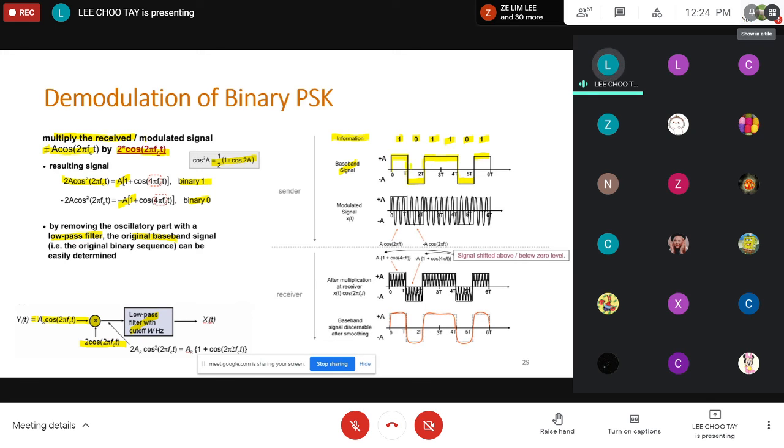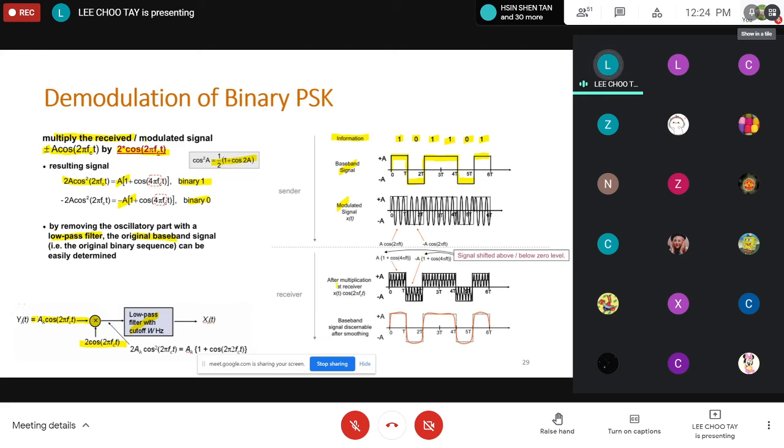Then the modulated signal: after we multiply this baseband signal with the carrier, the cosine wave, or in this case the sine wave, you get your modulated signal in this form. For negative, you have your minus sign, and plus sign and so on. So that's your modulated signal.